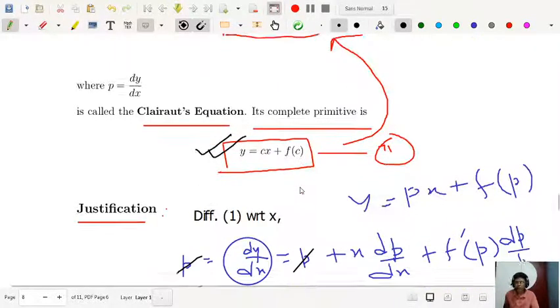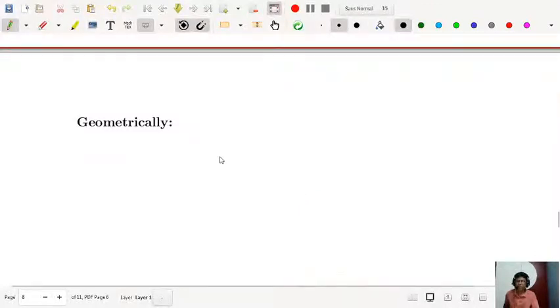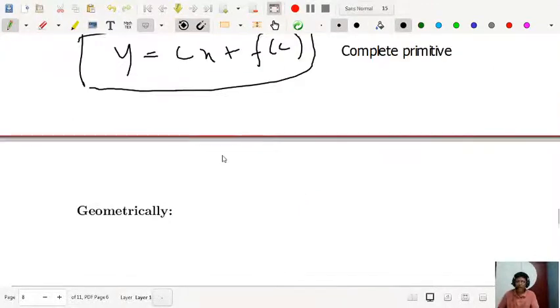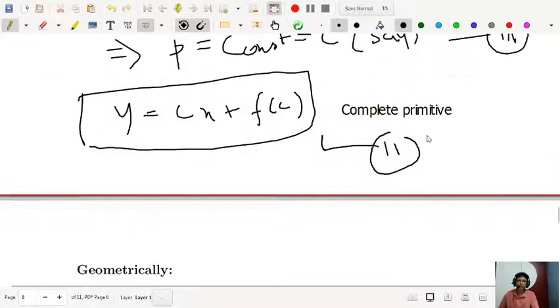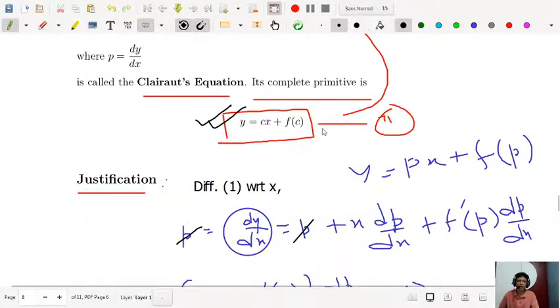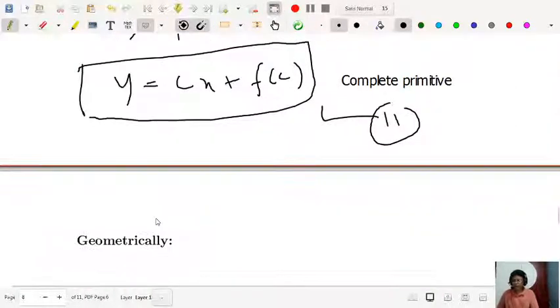Now let me explain the geometrical significance. What is your complete primitive? That is the last result, that is equation 2. Equation 2 represents a family of straight lines.